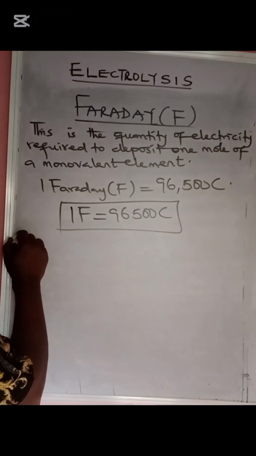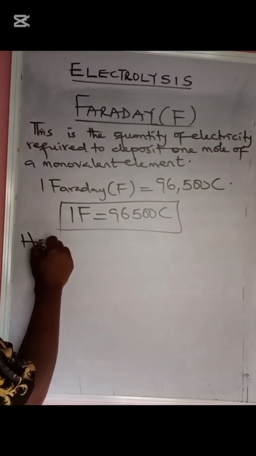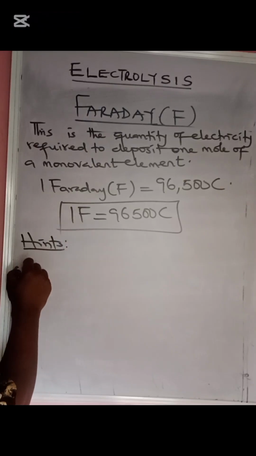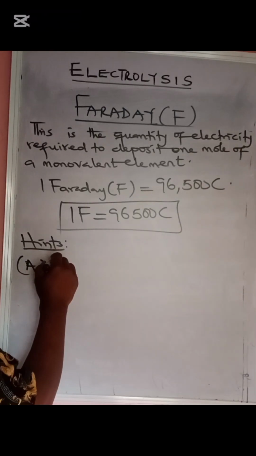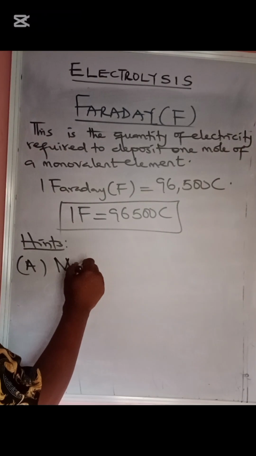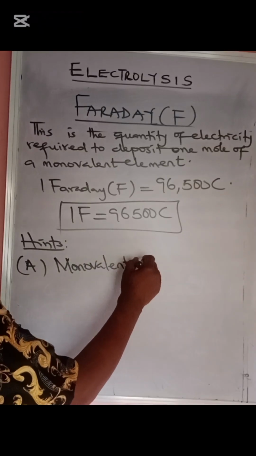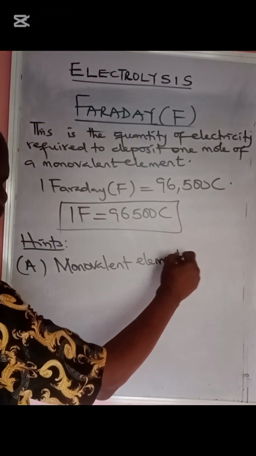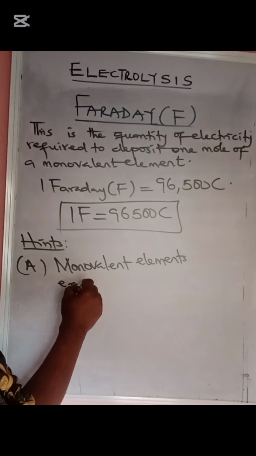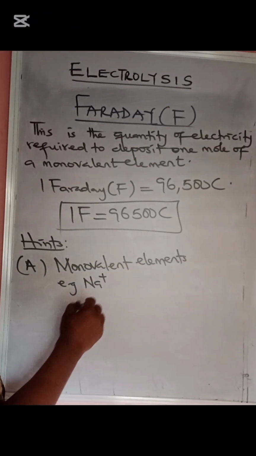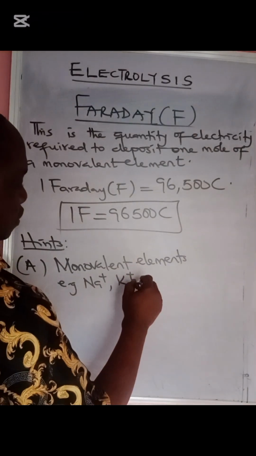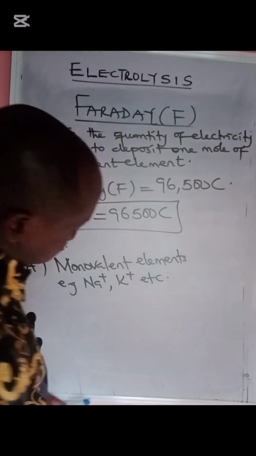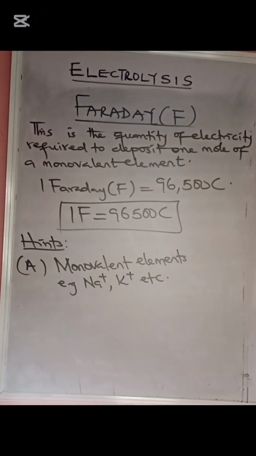Let's start with int A. Let's see monovalent elements, e.g. sodium is monovalent, potassium monovalent, and etc. That is what we mean by monovalent.